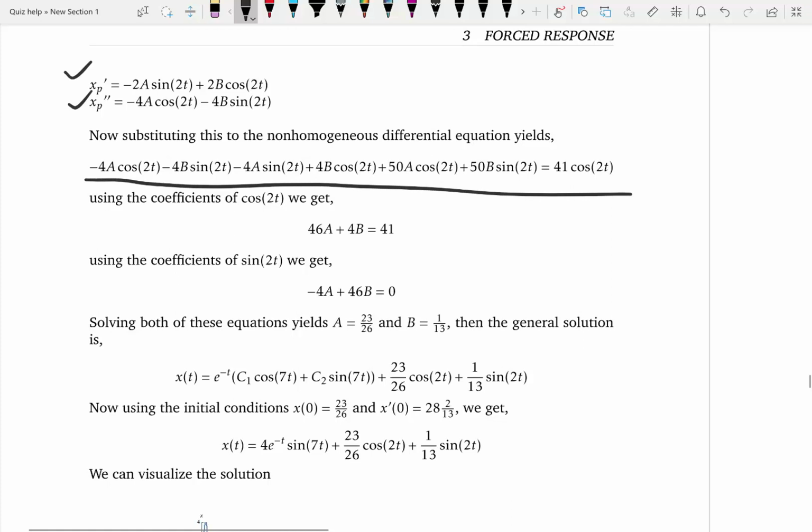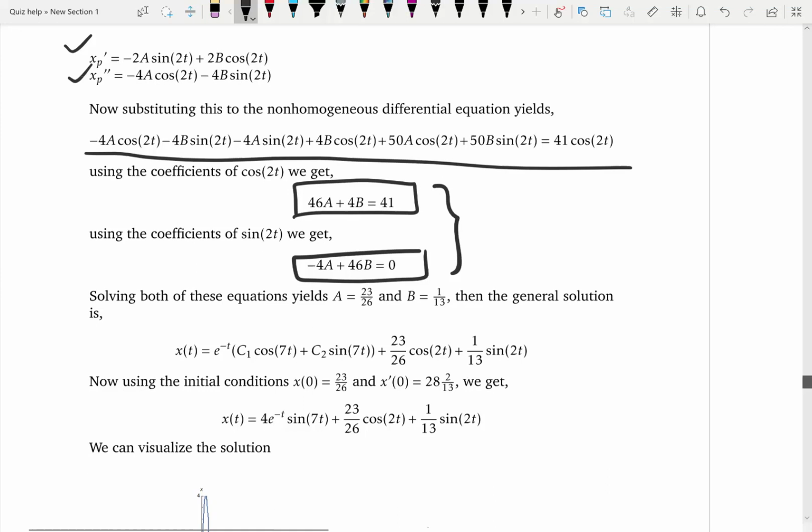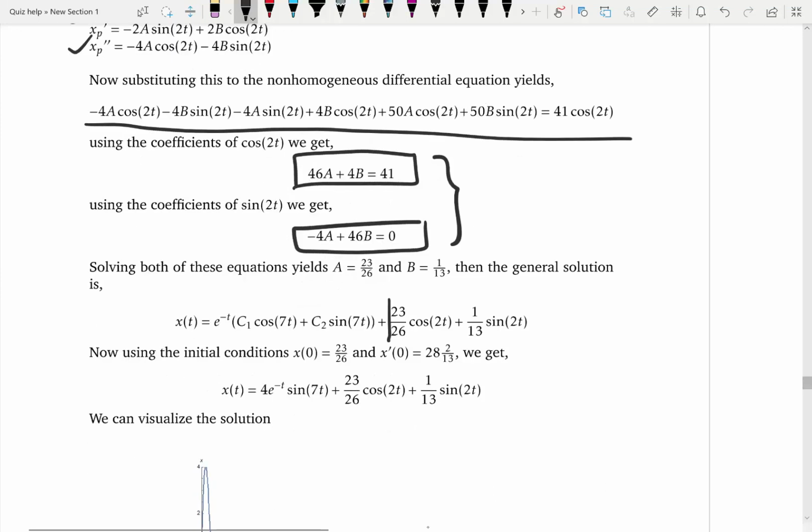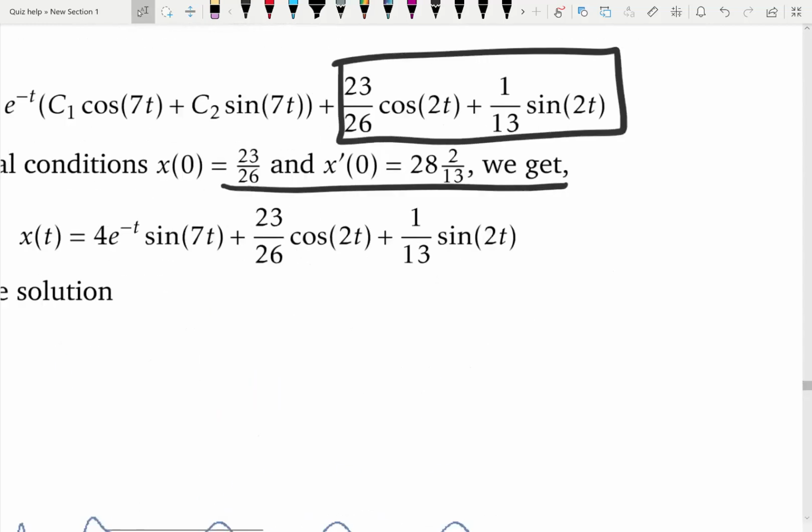We group sine terms together, we group cosine terms together, and we compare coefficients of cosine on the left and right to get an equation, then compare coefficients of sine on the left and right. We get two equations, solve, and get the particular solution like here. Then we use the initial conditions and we get the final solution for the system.